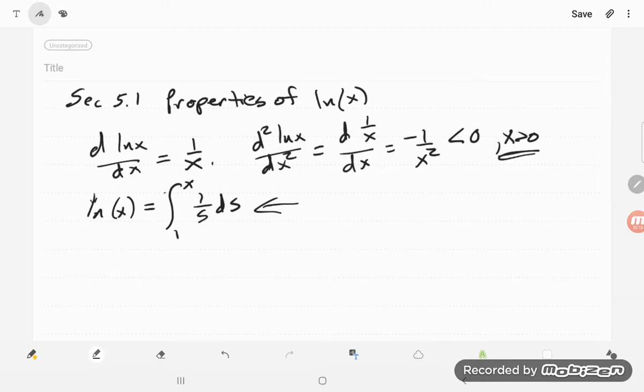If we interpret it as area, those areas are all defined as long as x is greater than 0. So we can do this.